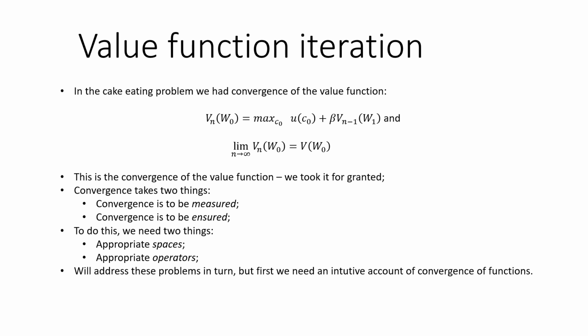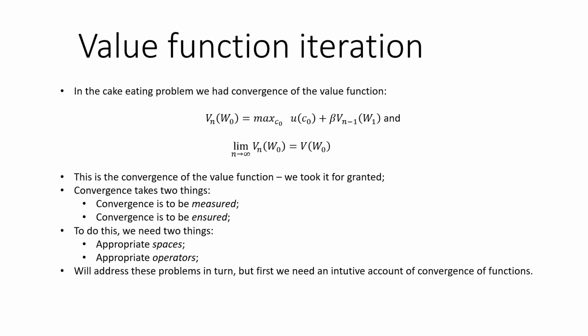But when we need to build a new model, we cannot take it for granted that our operators will work. So we need to make sure that we can really converge to the value function. We need to make sure that we converge towards the optimal consumption path or investment path and the like.